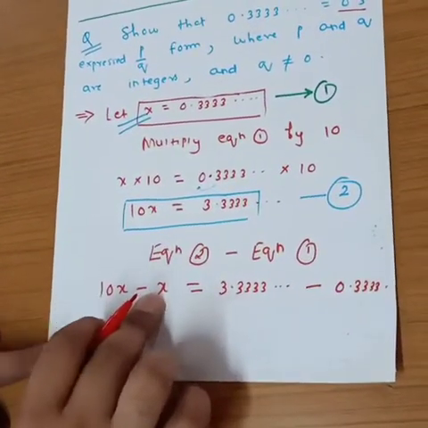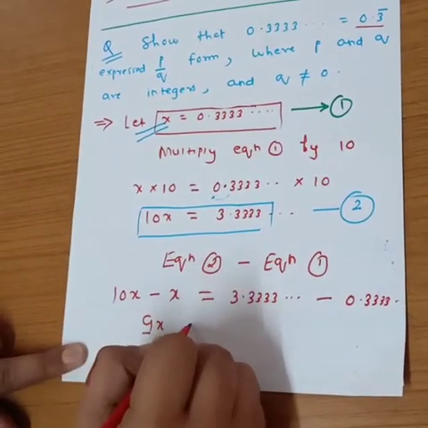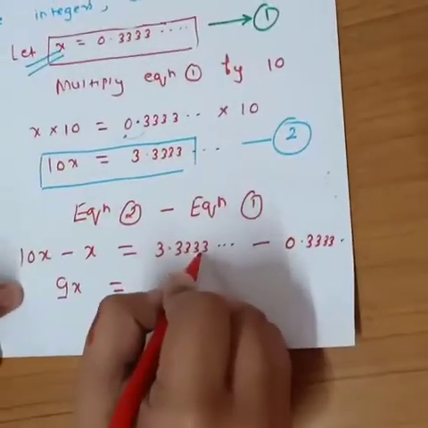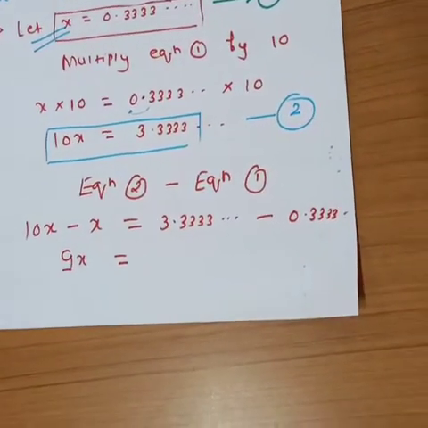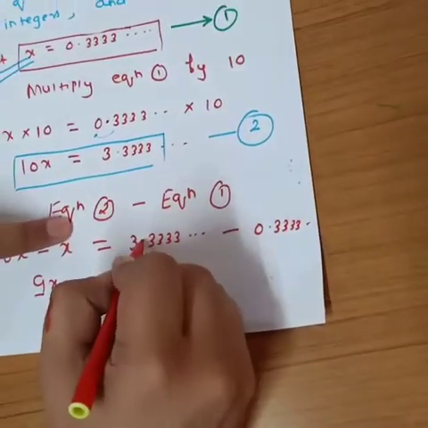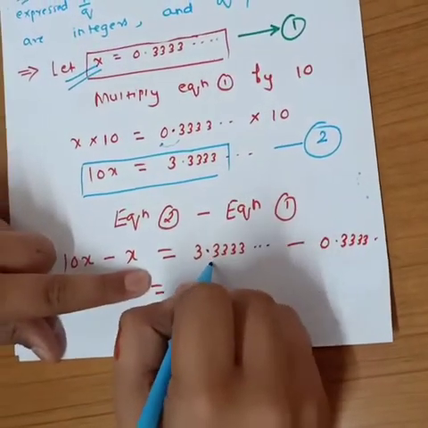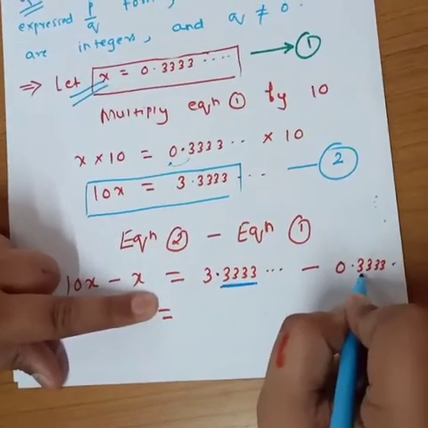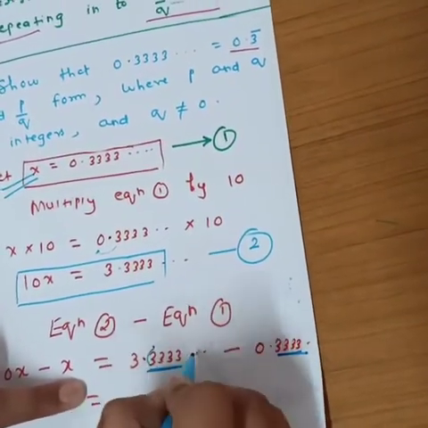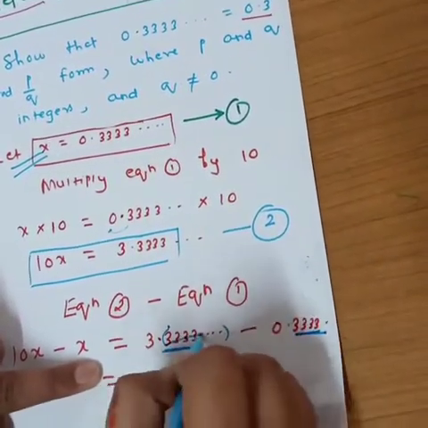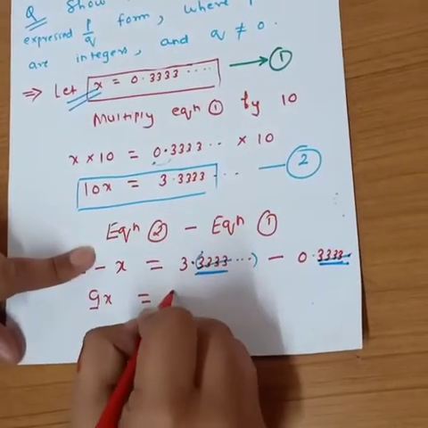So 10x minus x is 9x, equals 3.333 and so on minus 0.33 and so on. Here you observe that after the decimal the same digits are there, so all those digits will cancel, and 3 minus 0 is 3 only.